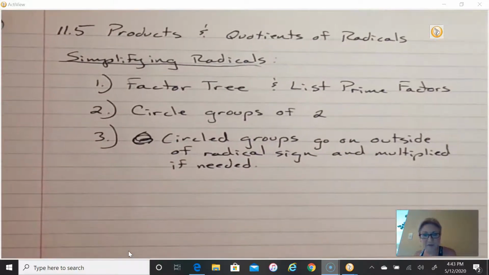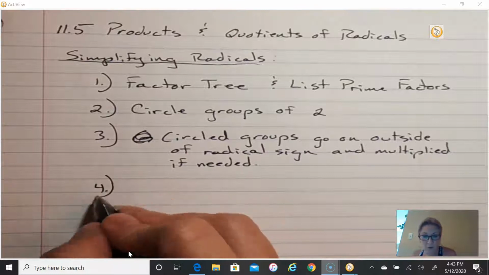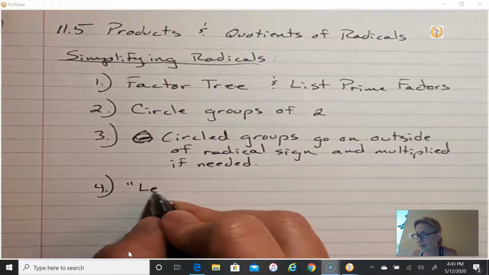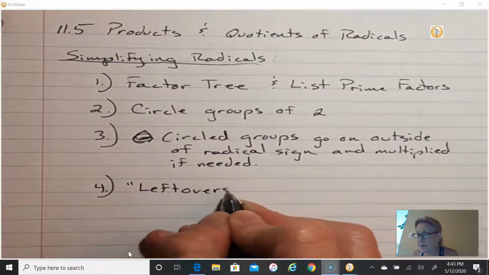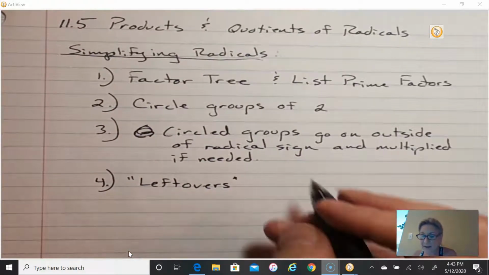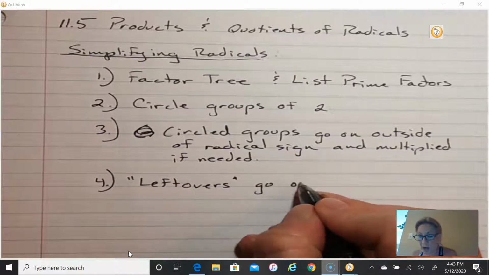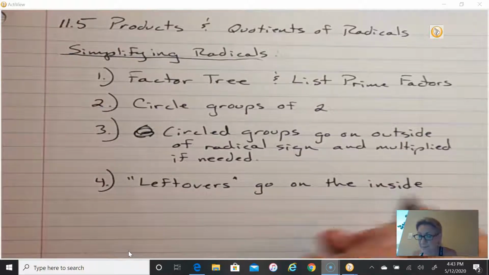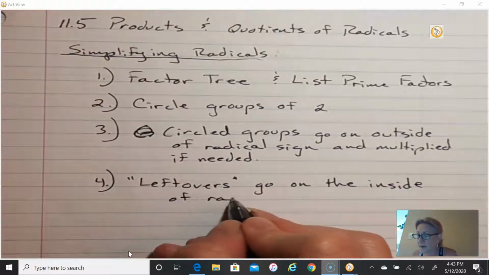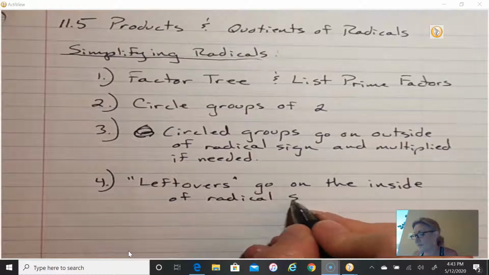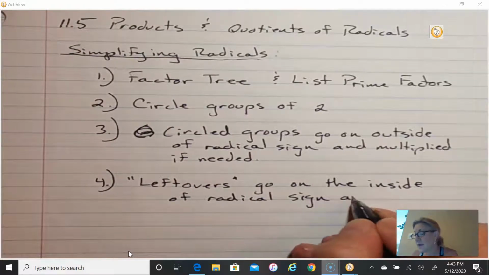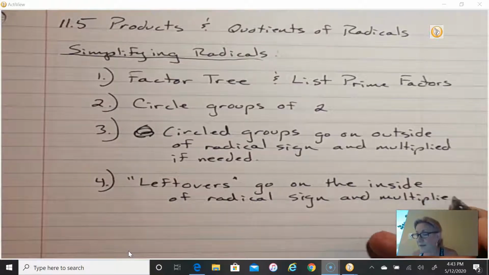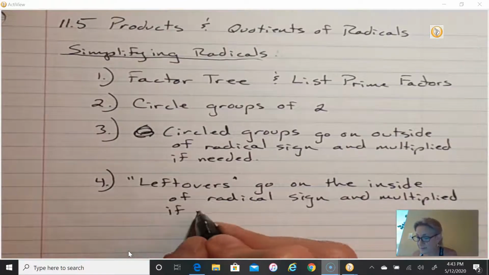I've got examples for y'all, so don't worry. Step 4, leftovers. I'll tell you what that means. They go on the inside of the radical sign and multiplied if needed.